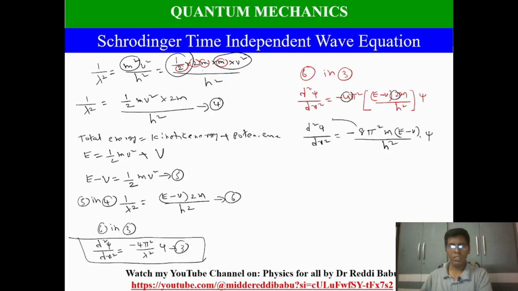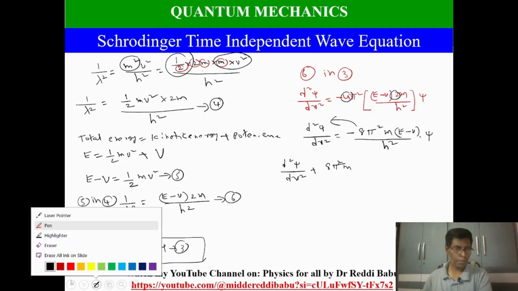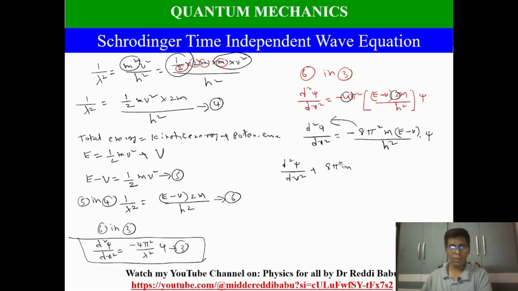Bringing this expression to the left hand side, I will rewrite to avoid confusion. Listen carefully: d square psi by dx square plus 8 pi square m into capital E minus capital V divided by h square into psi is equal to 0.